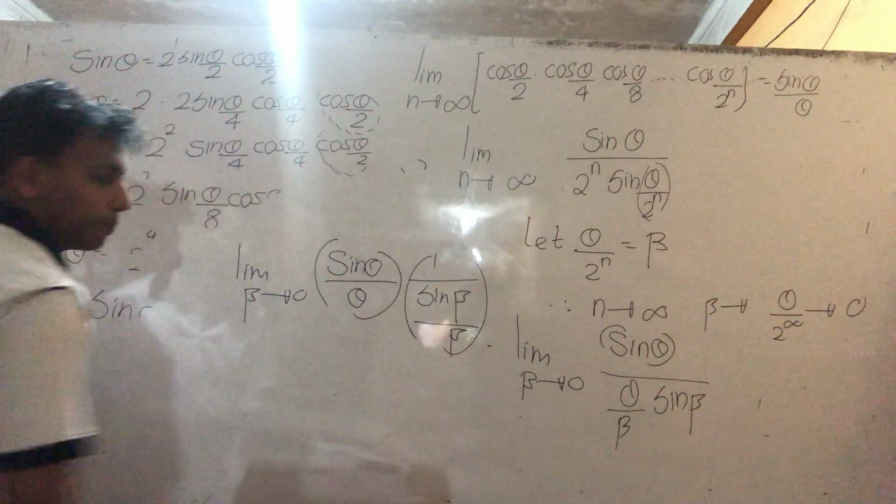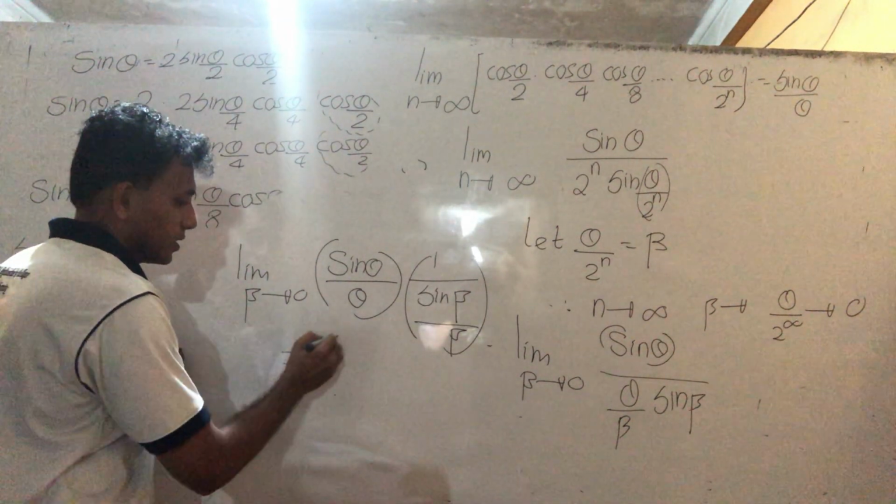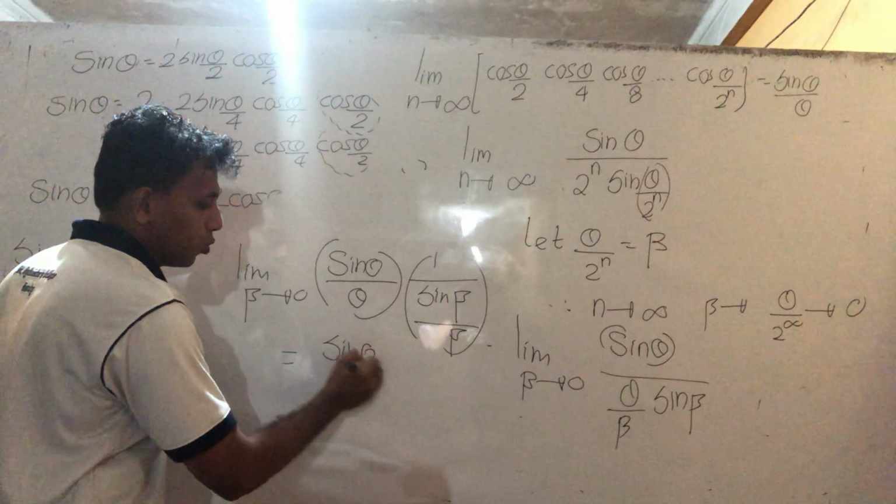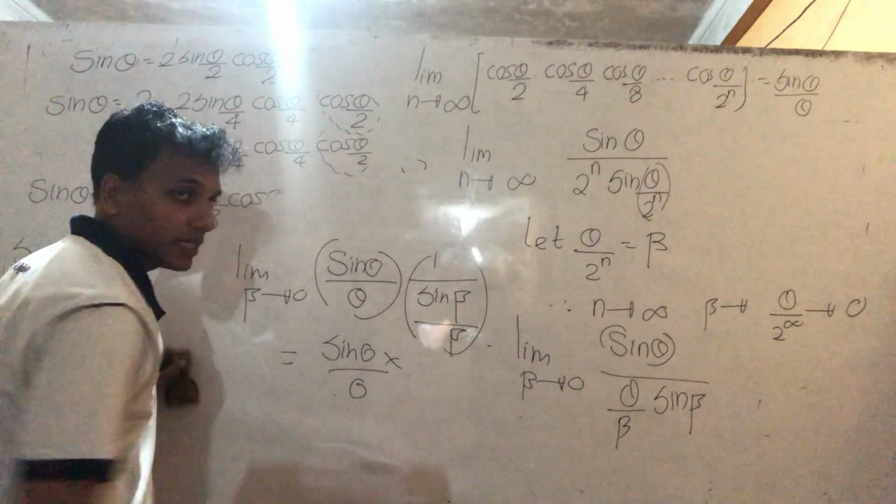Theta is a constant number here. That is important. So what is the answer? Sine theta over theta. You know, basic.